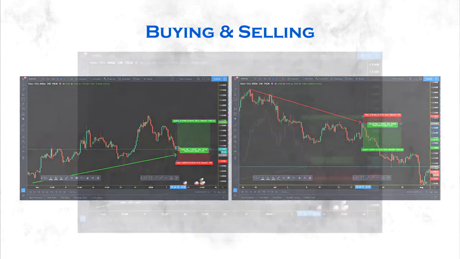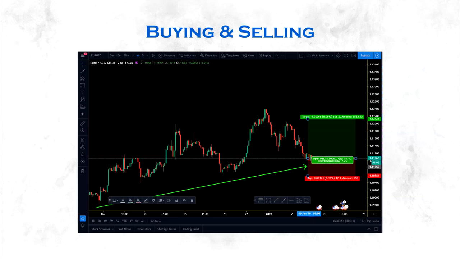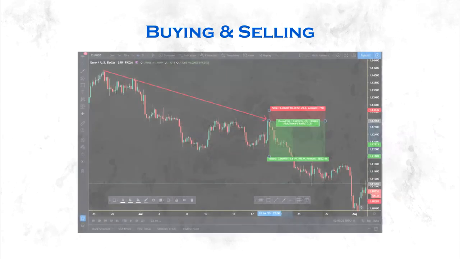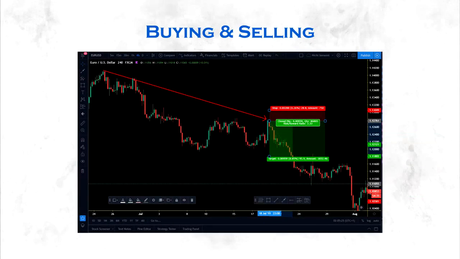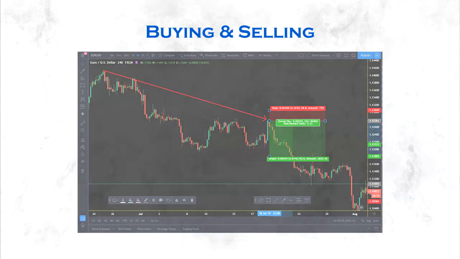You can use the tool called long position on TradingView to prepare your long positions with the profit target and stop loss target to see the potential risk reward and stuff like that. Same thing with a short position. When you want to sell the market, you can use the tool called short position on the TradingView platform to plan your trade. And that's all you need to know for now. We have a buy order and a sell order, long and short, however you want to call it. There are only these two types of trades.